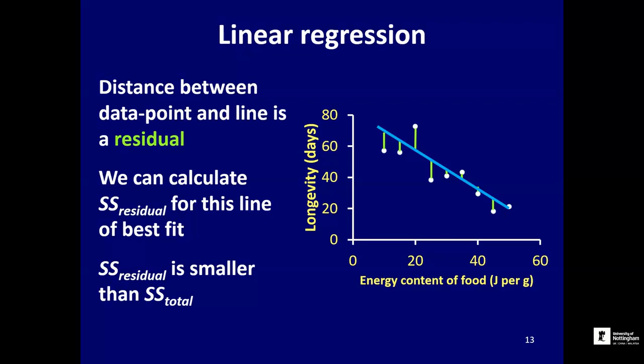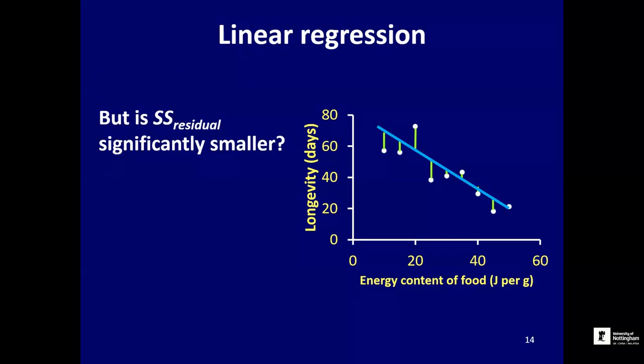And for any data set, the line of best fit will always be at least a bit better, even if it's only a bit better by random chance, and that's obviously what we're going to go on to assess using a p-value. So the question is, is the residual sum of squares, the bit left over once you've put a line of best fit through the data, significantly smaller than the total sum of squares?